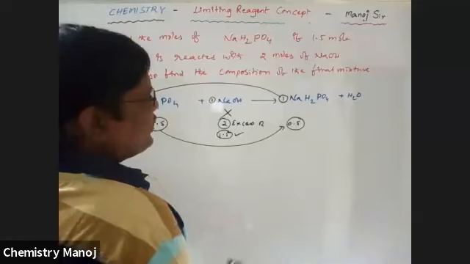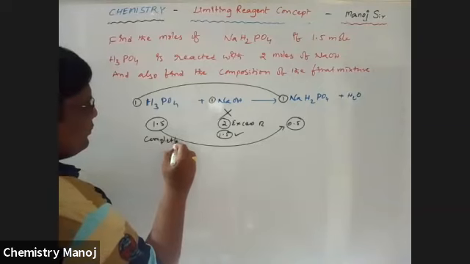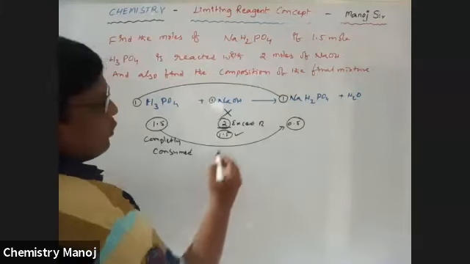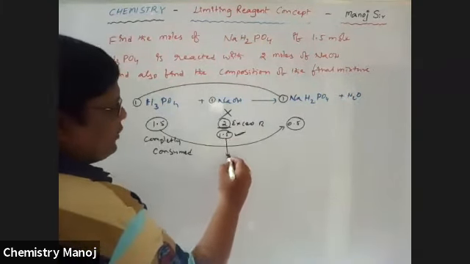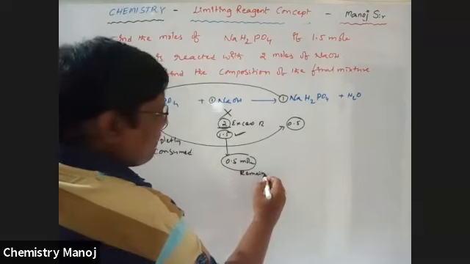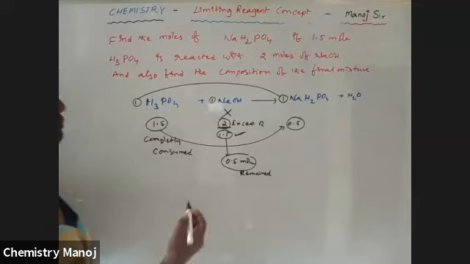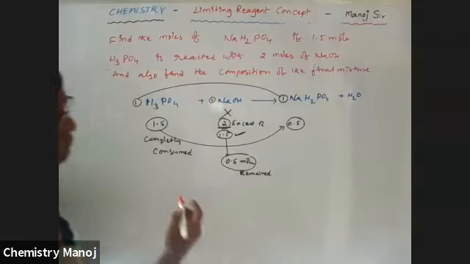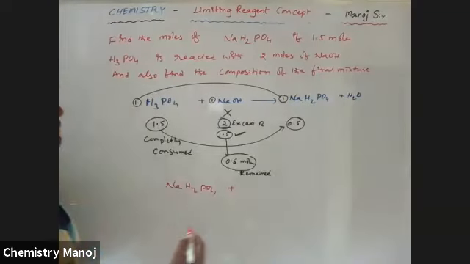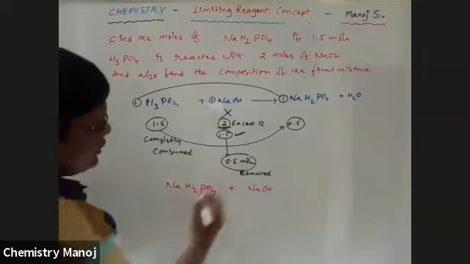In the final mixture, see here, H3PO4 is completely consumed. From these 2 moles of NaOH, only 1.5 moles reacted. That means 0.5 mole remained. So in the final mixture, NaH2PO4 plus NaOH exist.